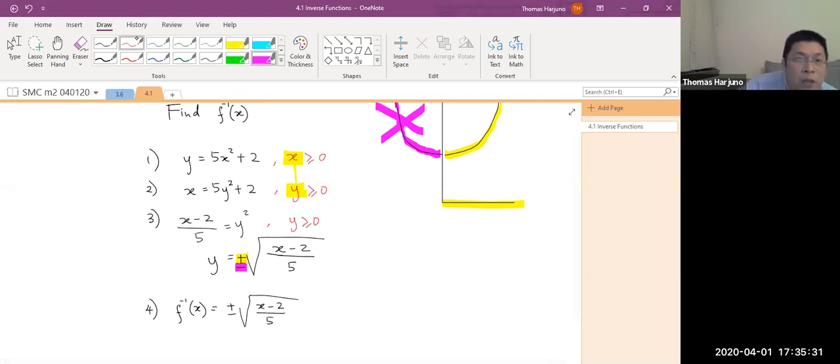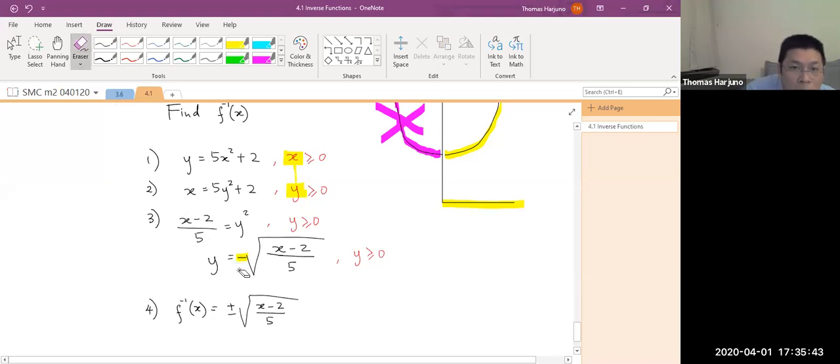Because my y has to be at least 0. Therefore, in my answer, I cannot include the negative branch, just the positive branch. Maybe let me emphasize that here.